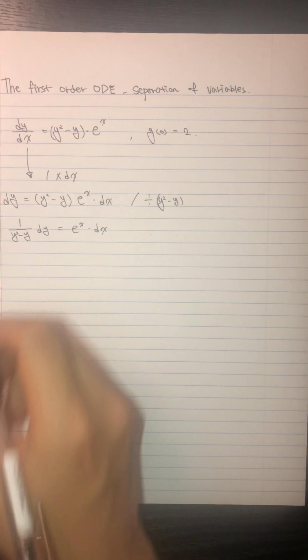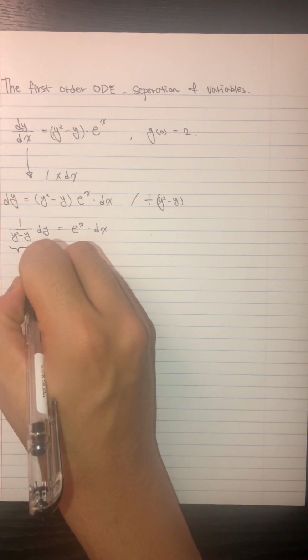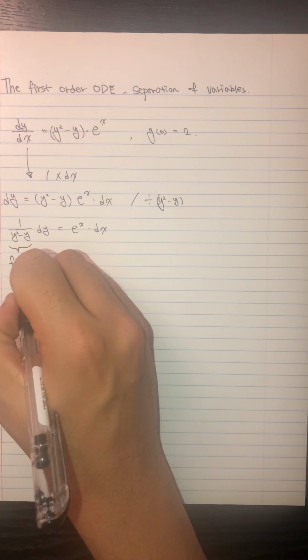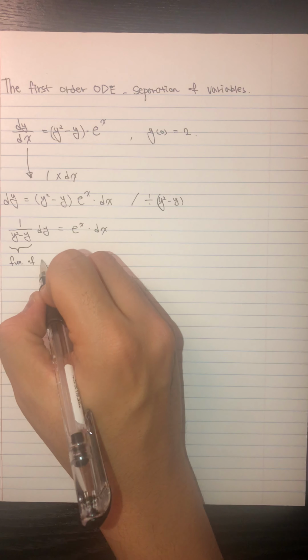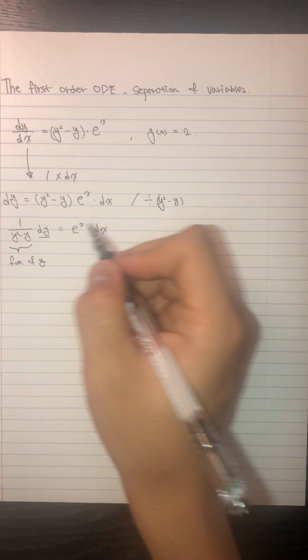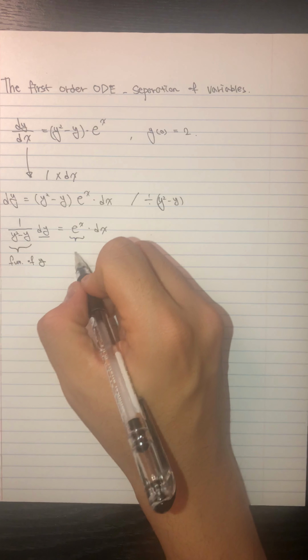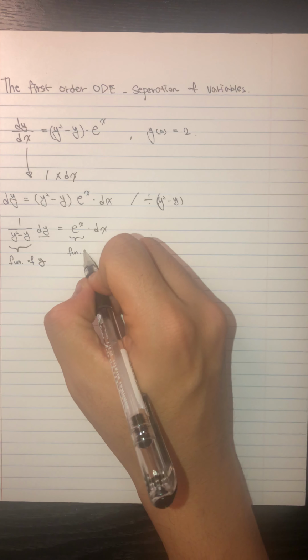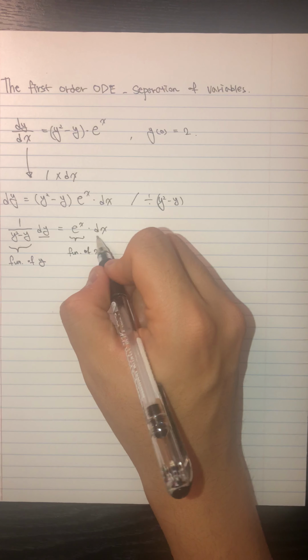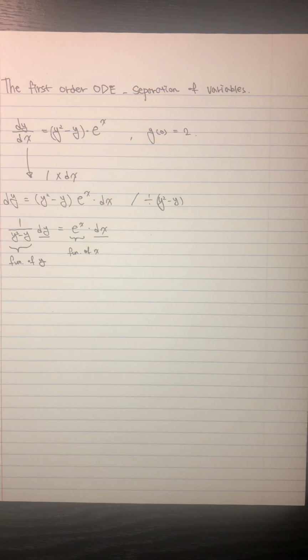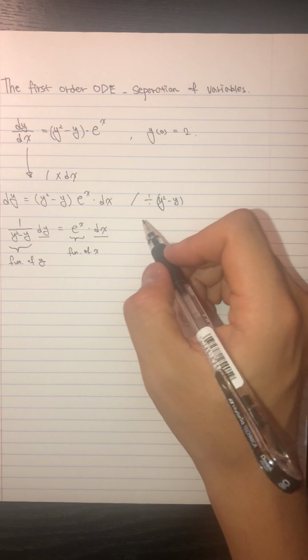So as you can see, this is just a function of y for dy, and this is a function of x for dx. So now we can do integration for this equation individually.